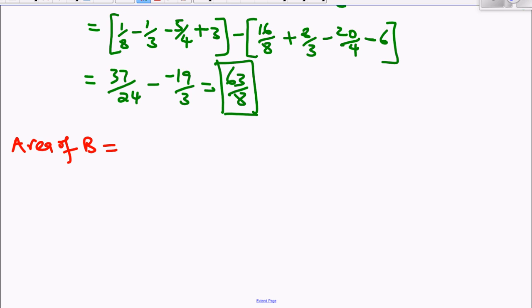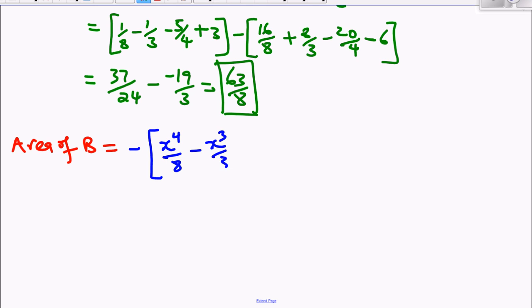So the area of B will be, you can just say negative into bracket, because we have the same integral function, so we'll basically have the same answer when you integrate.